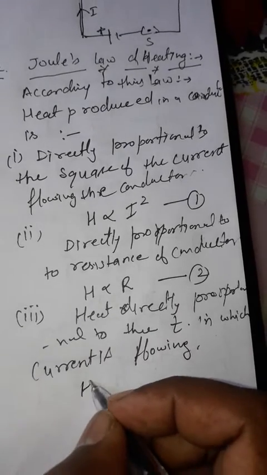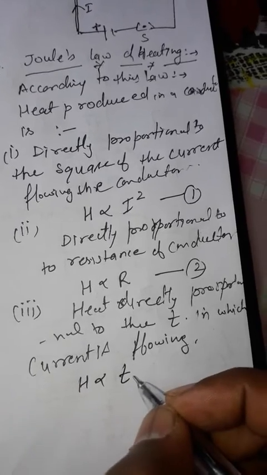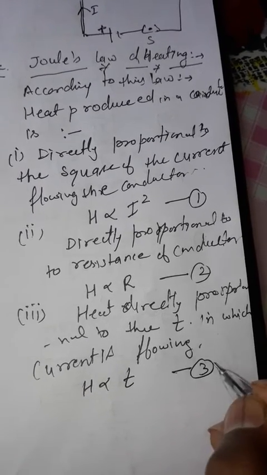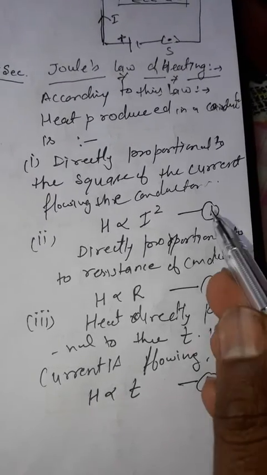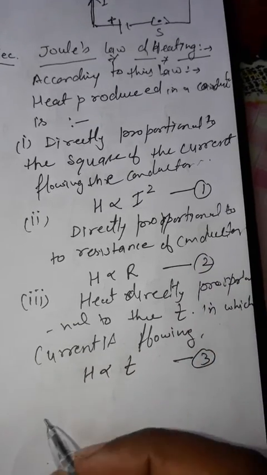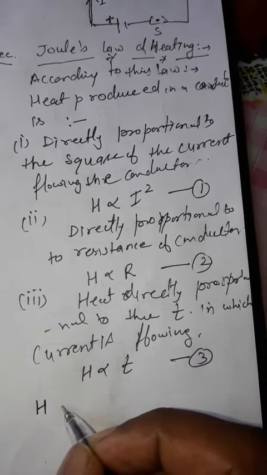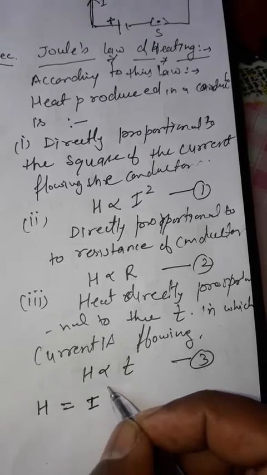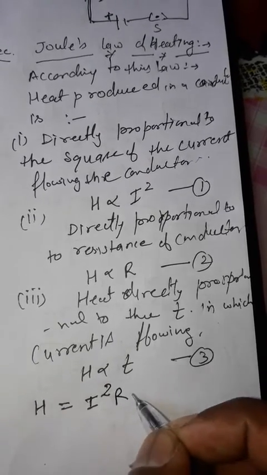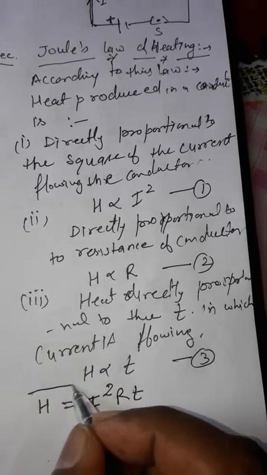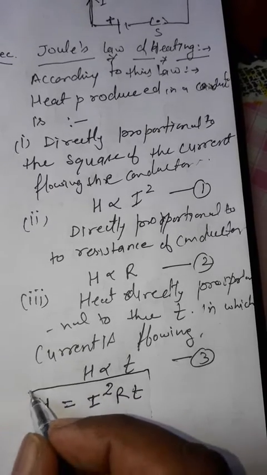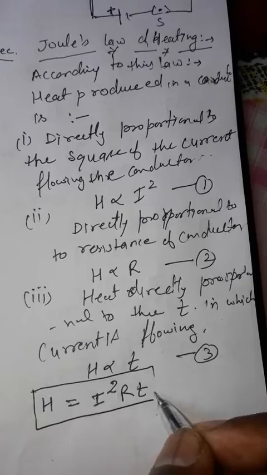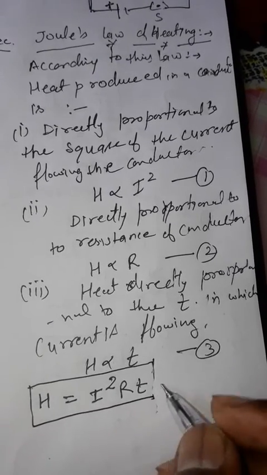So heat produced is directly proportional to the time. Say equation 3. Collecting equations 1, 2 and 3, we get heat produced H equals I squared R T. This is the formula which can be used to find out the heat produced by any device.